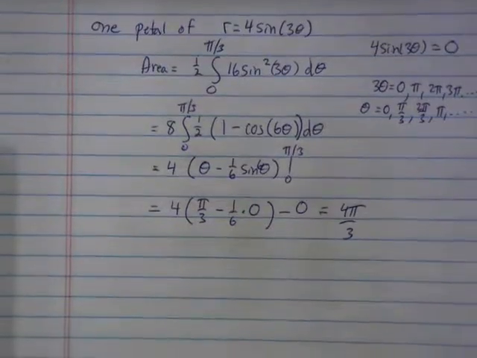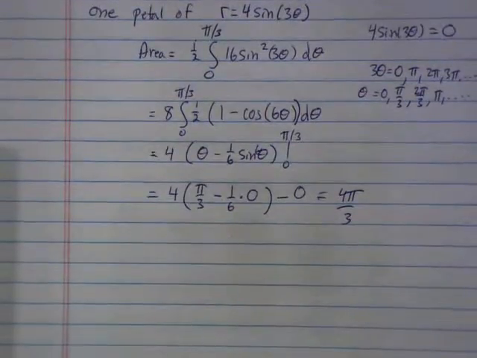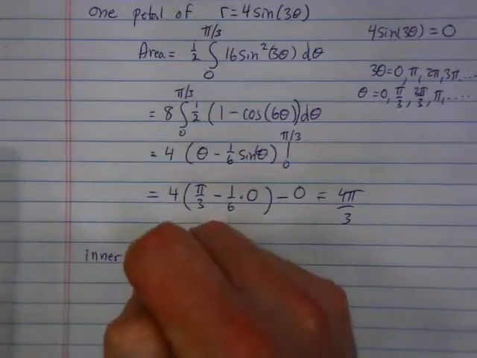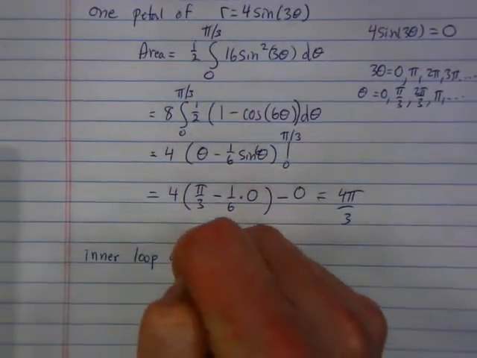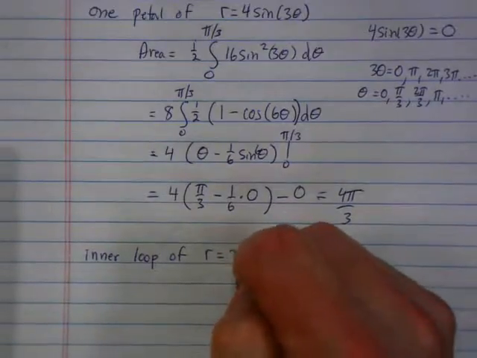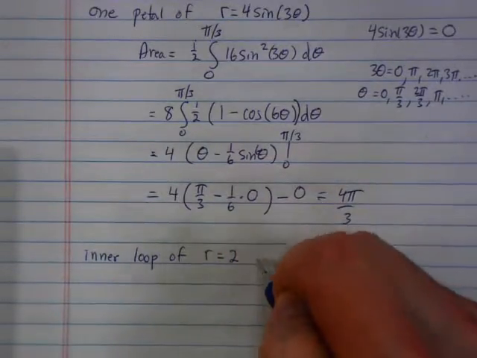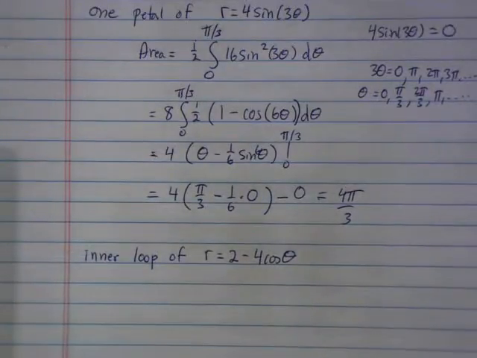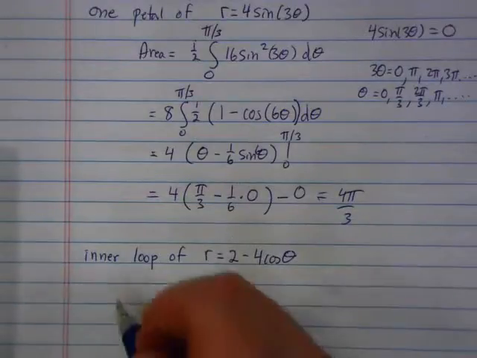All right, that was a good one. How about the inner loop of r equals 2 minus 4 cosine theta. Once again, in theory, the answer is very easy.